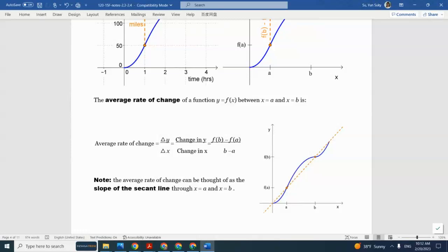Slope is change of y over change of x. We have 2 points: this is A, f of A, and this is B, f of B. So the change in y is f of B minus f of A, over the change in x, which is B minus A. Okay, everybody? So this is the rate of change formula.